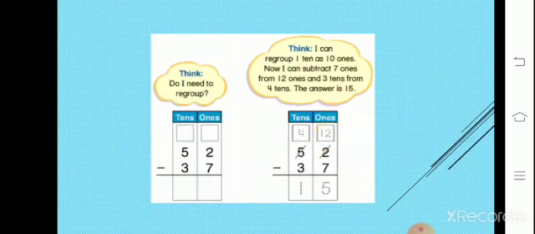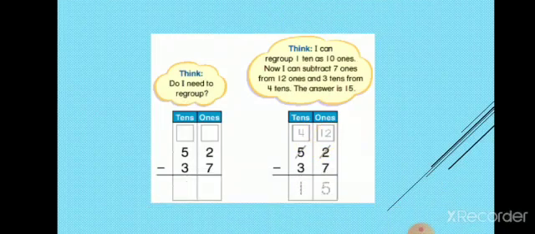Because when you take 1 ten, it means 10 ones. You add 10 ones to this 2, so this is 12 now. You subtract 7 from 12 and you will get 5. Again, there is 4 and you subtract 3 from 4. So you get 15.